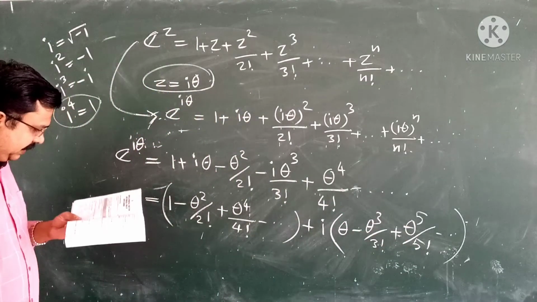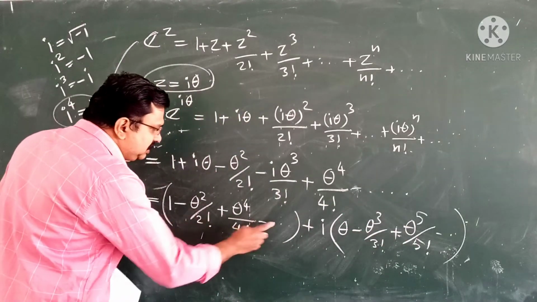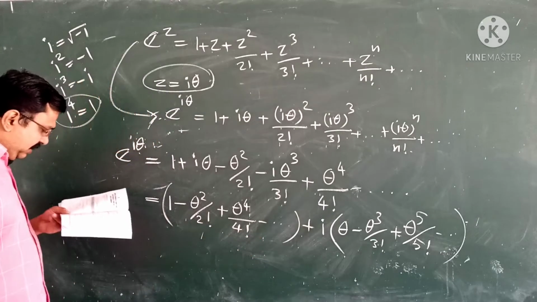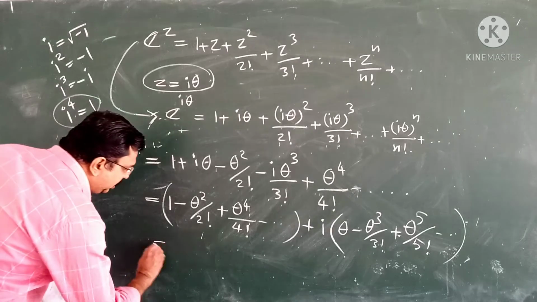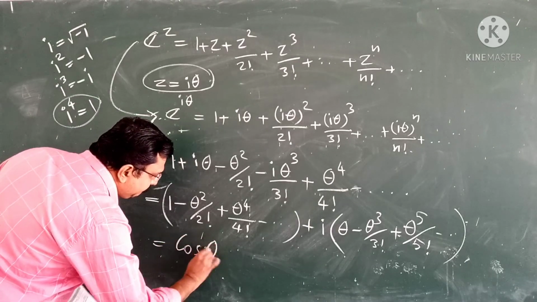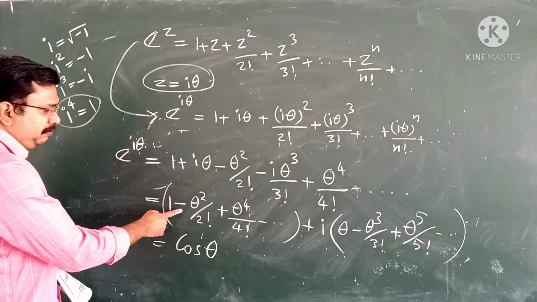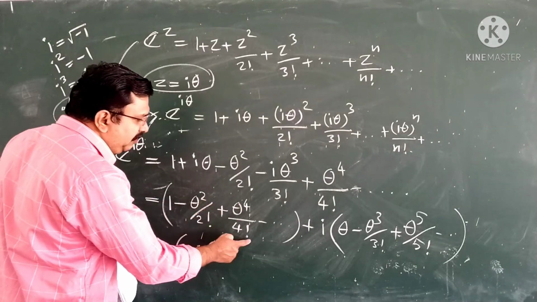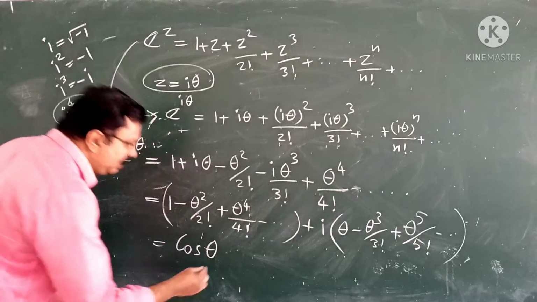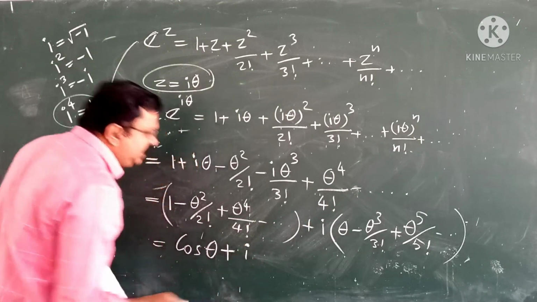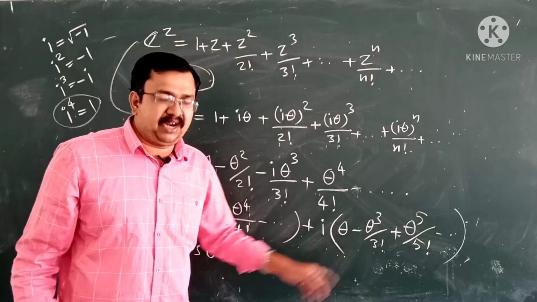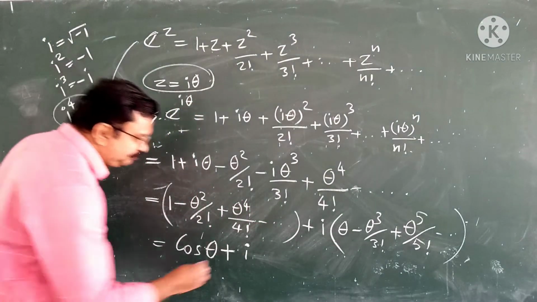Remember that this first function is the expansion of the trigonometric function cos theta. Cos theta is 1 minus theta square by 2 factorial plus theta raised to 4 by 4 factorial minus etc. Plus i into this, which is the expansion of the trigonometric function sin theta.